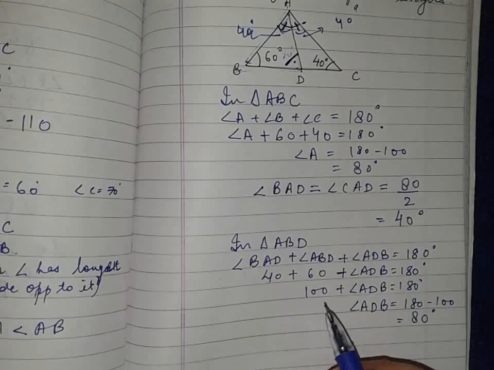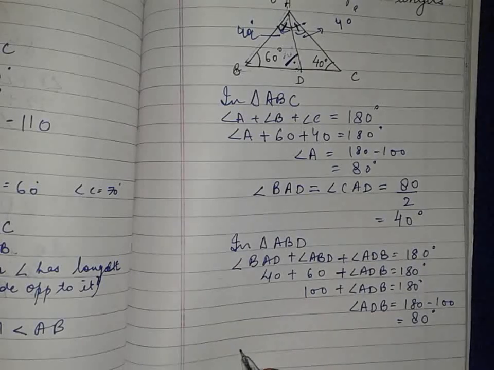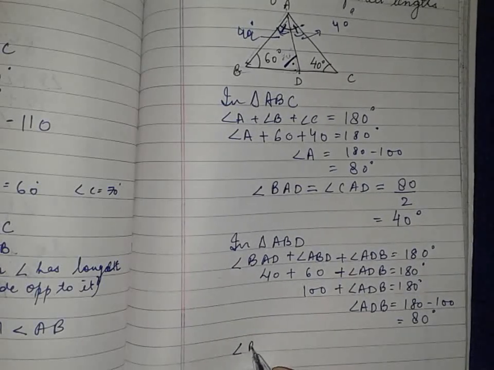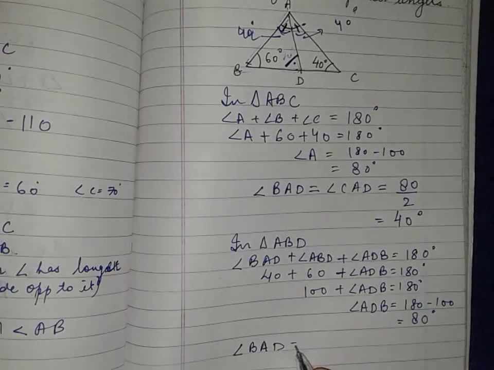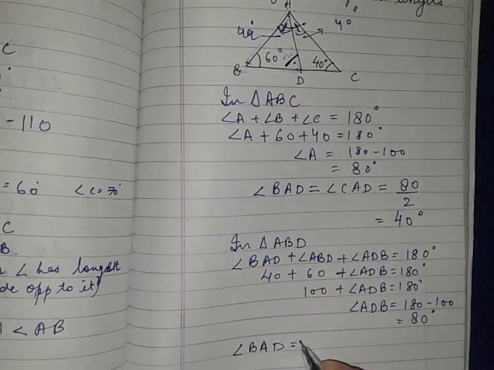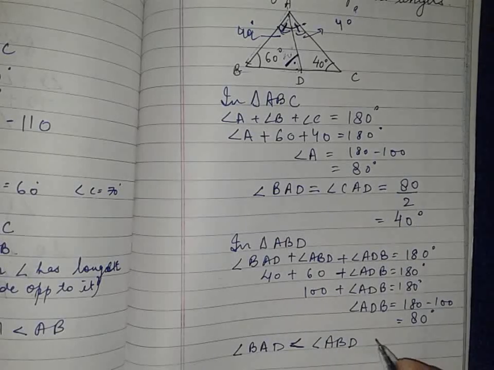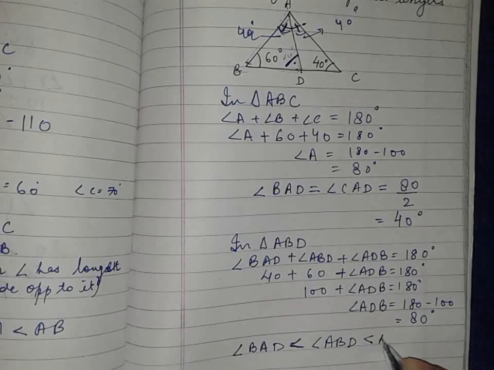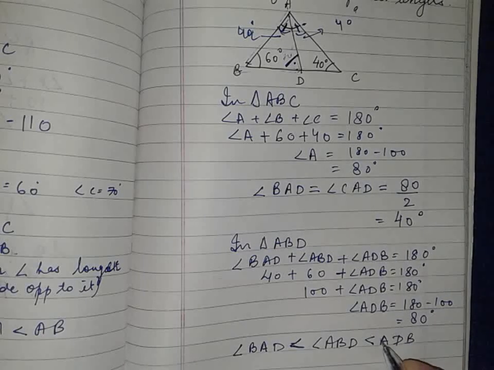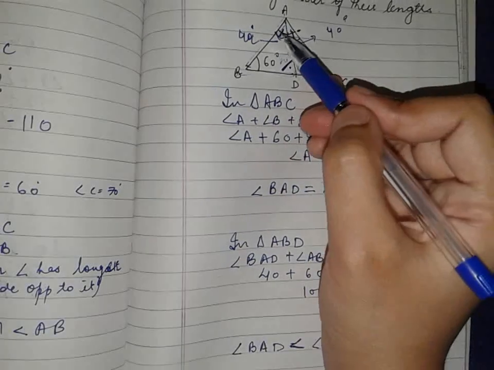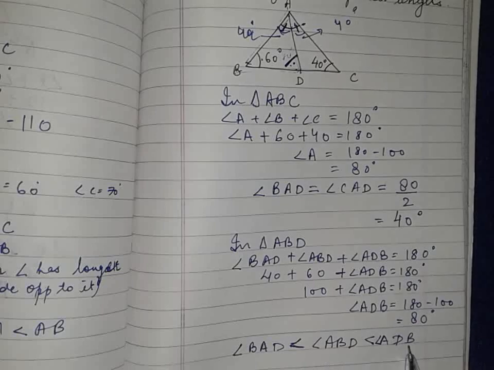Now in triangle ABD only, angle BAD is equal to 40, so it is less than angle ABD, and ABD is less than angle ADB. This is 40, 60, 80, so they will be in this order.